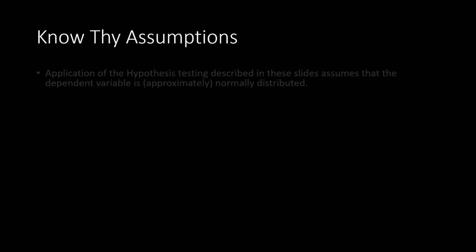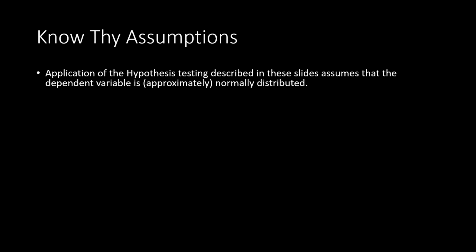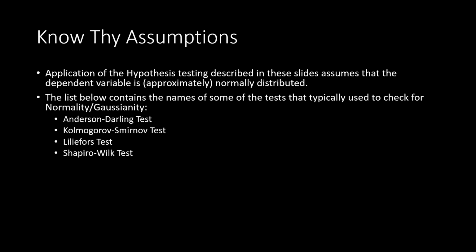Now, there's a quick word that I want to say about the assumptions that are made for hypothesis testing. The application of hypothesis testing described in these slides assumes that your dependent variable is approximately normally distributed, and that generally works in a lot of cases, but it's always a good idea to apply a test of normality before you start applying these hypothesis tests.